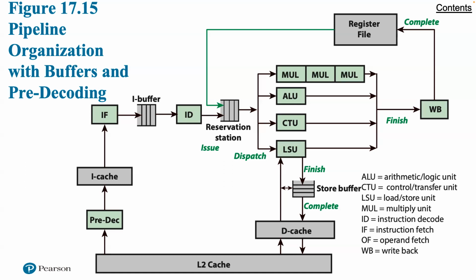Another buffer, the store buffer, improves performance on store operations. In essence, the store buffer allows a load to bypass the completion of a store to access a memory location. Thus, the load instruction can make use of a data item as soon as it's created, that is, finished, and does not have to wait for the data item to be stored in the data cache, that is, completed.